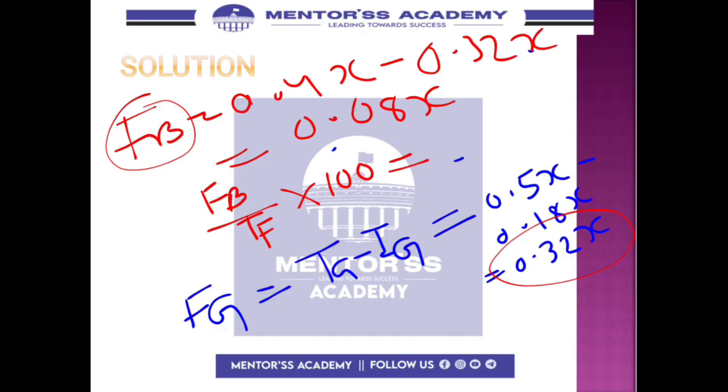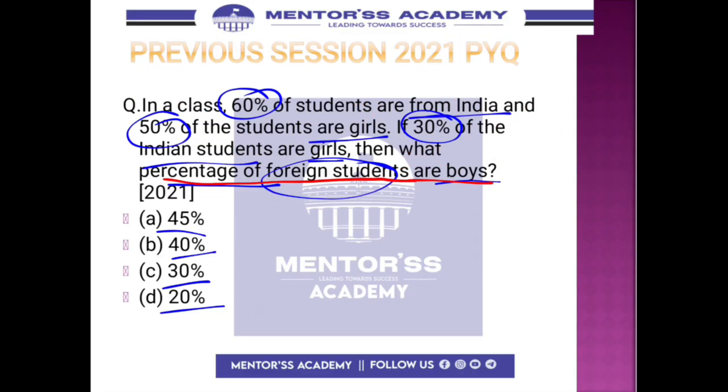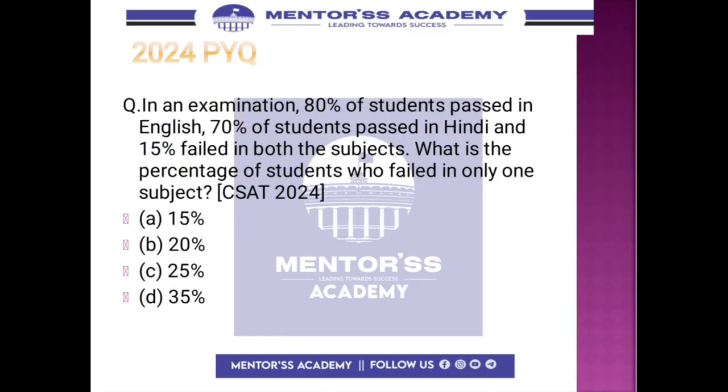So foreign boys are 0.08X by total foreign students 0.4X, into 100. You solve this, you'll get 20%. So this is the final answer. The answer is option D, 20%. Clear? So let's solve some more PYQs in today's session.